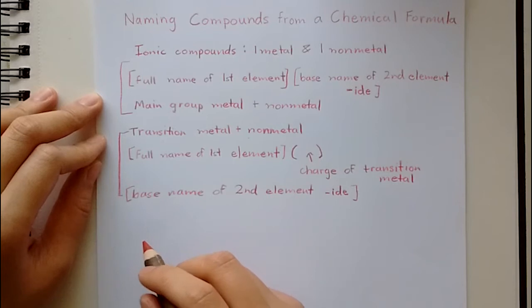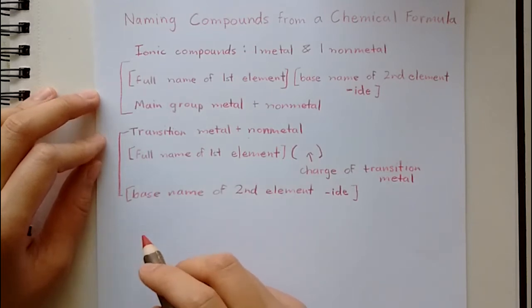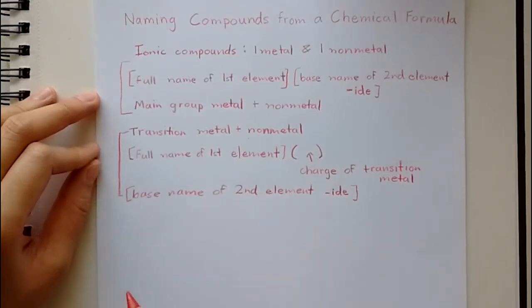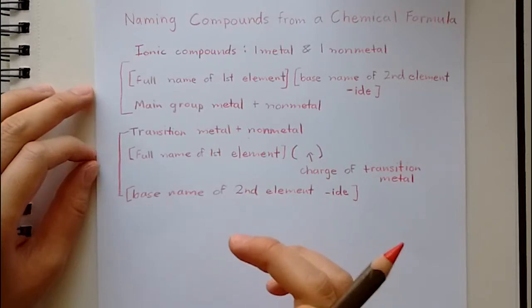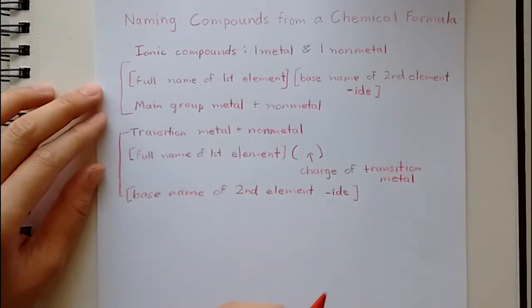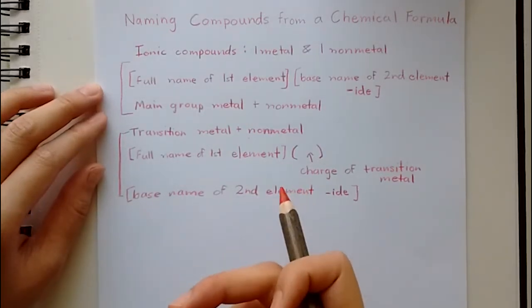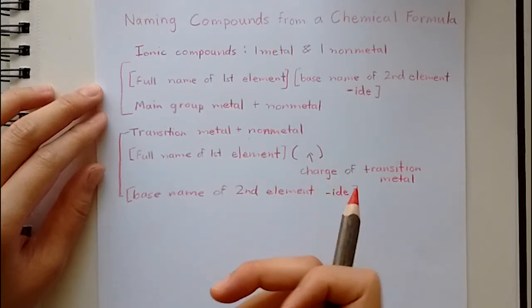Third case is when you have a metal and a polyatomic ion. So the polyatomic ions, you can look those up on the internet and see what comes up. Those are just combinations of elements. You want to know their charge and their formula.